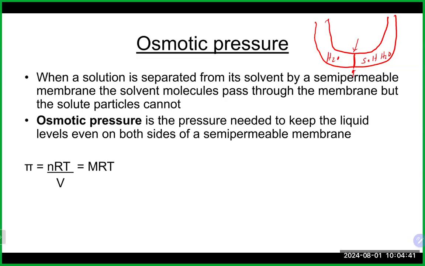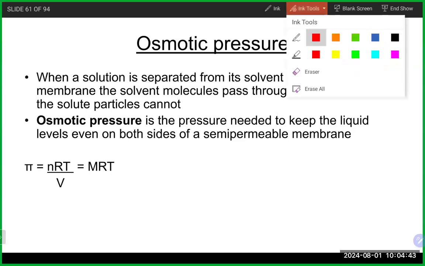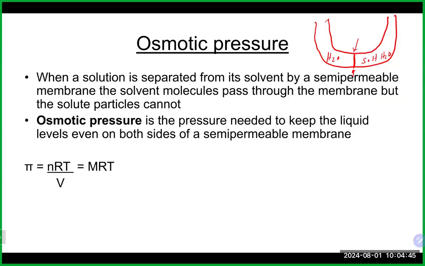So in this example, pure water has nothing dissolved in it, which means by definition it is a lower concentration than salt water, which has a lot more solute particles in it and is more concentrated. So the water molecules from the pure water will flow across the membrane in an effort to dilute the salt water on the other side.